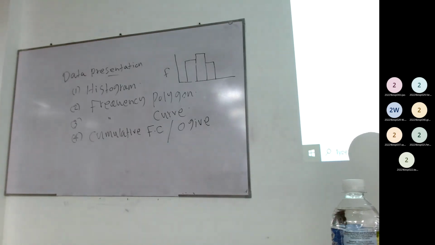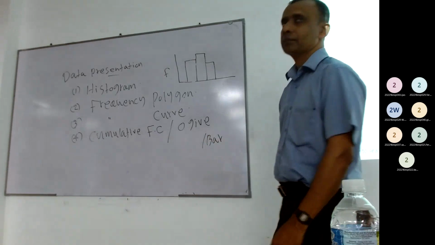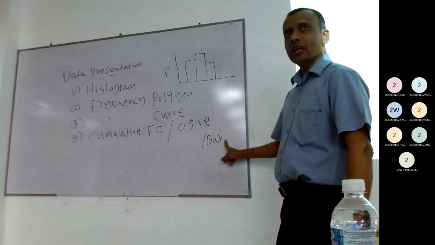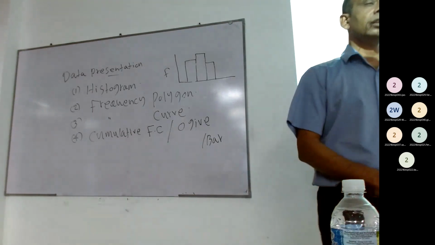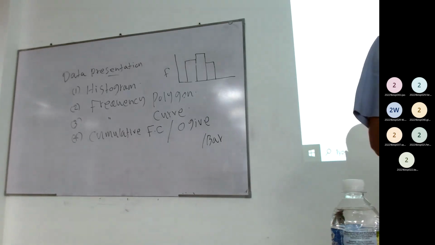Frequency of each class is presented by a rectangle, or bar. All the rectangles should be linked together.